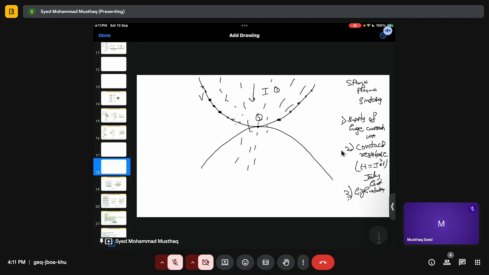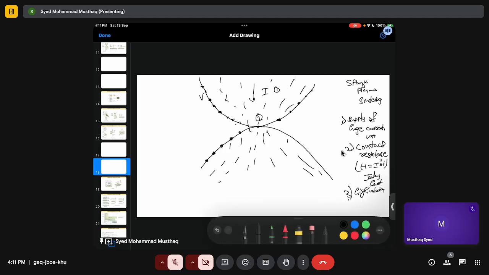This current will flow here. Again, you have voltage. So let me draw in a different color. Okay, take yellow.